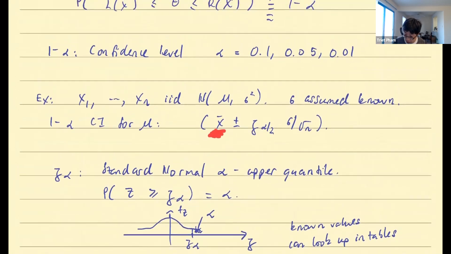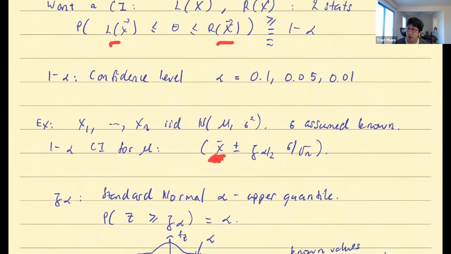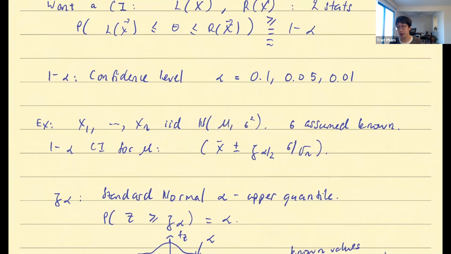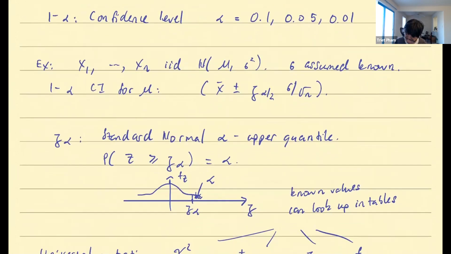But of course, you see the left point and the right point should depend on the sample somehow. If you construct a confidence interval that's completely constant, that does not depend on the sample, then something is awfully wrong. So we'll explain why this is the 1 minus alpha confidence interval. But any questions so far?